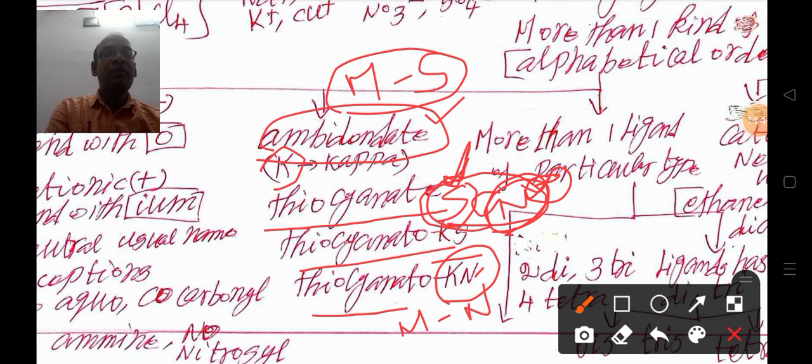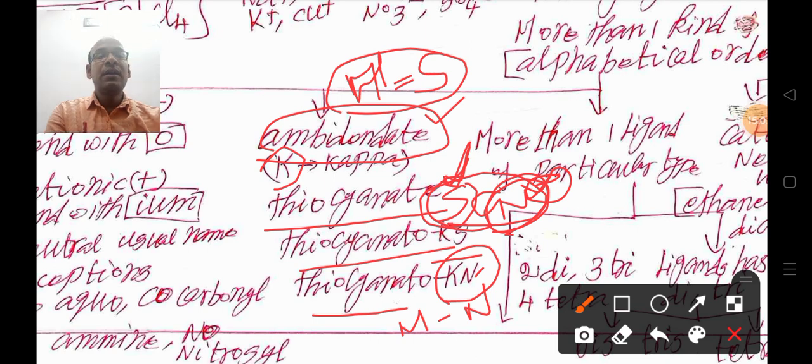Therefore, it may bond to the metal in more than one way, and such ligands are called ambidentate ligands.